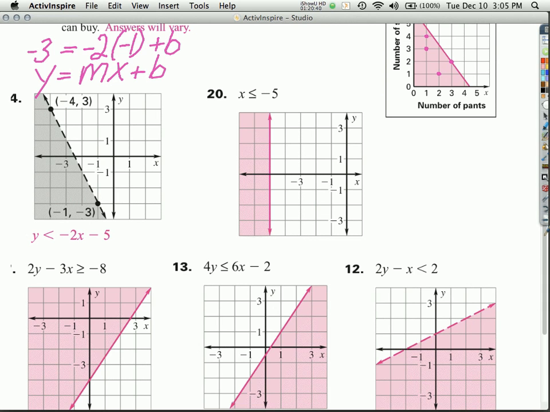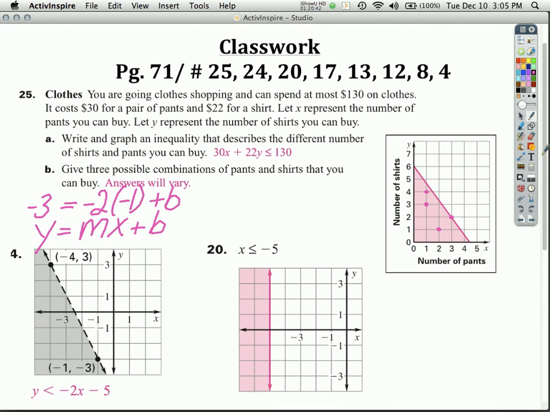So, Kayla, you had a quick question about number 25? What would be a great method to use for graphing, even though I insisted on using slope-intercept form? What's another great method for graphing when an equation or an inequality is like this?